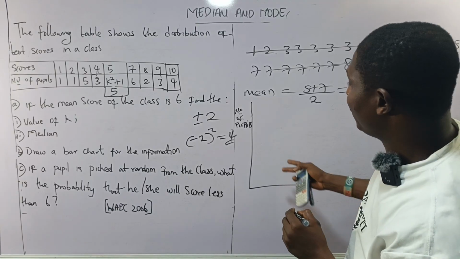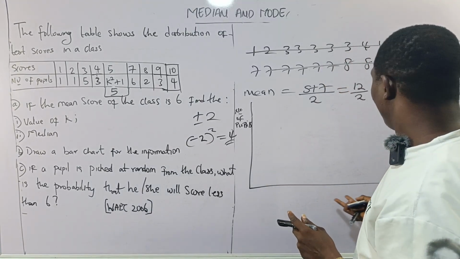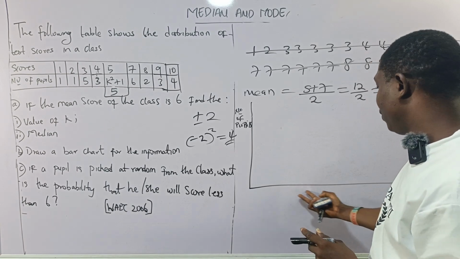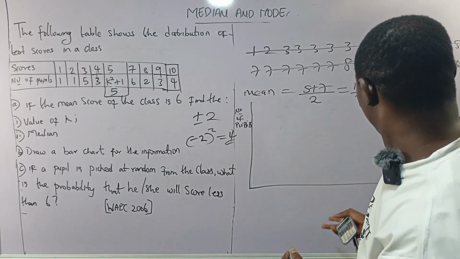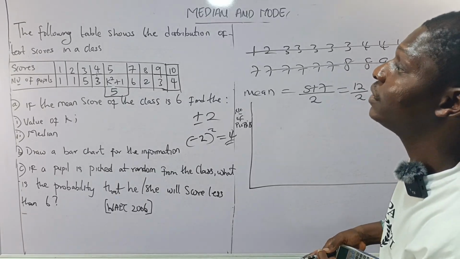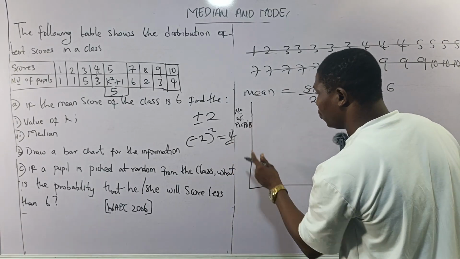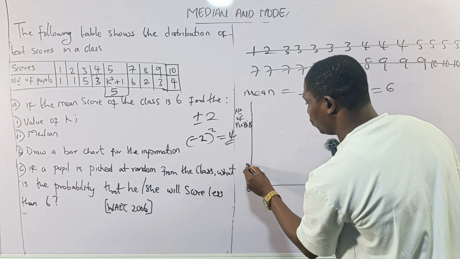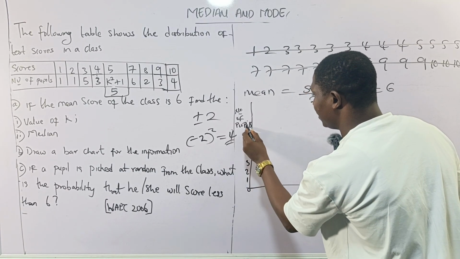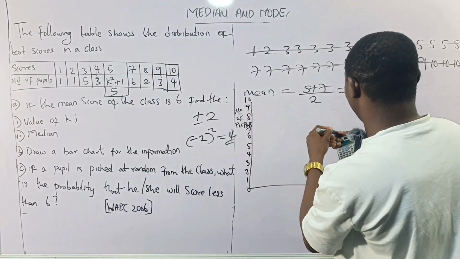The height talks about the number of pupils, while the score is the width of each bar on the horizontal line. Now, I have 1 to 10. I'll just do it roughly, please. This is 0, 1, 2, 3, 4, 5, 6, 7, 8, 9, and 10. Okay, we are done with this.